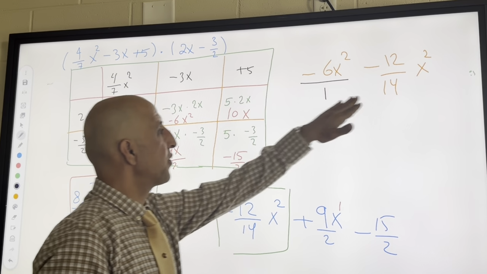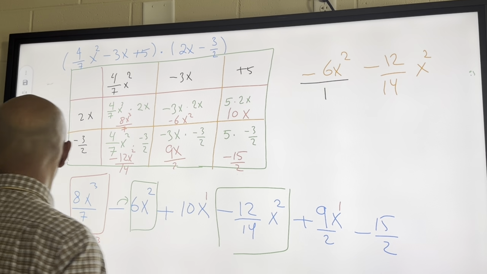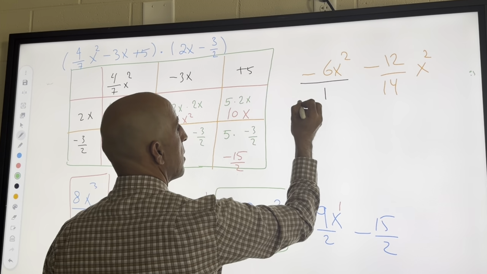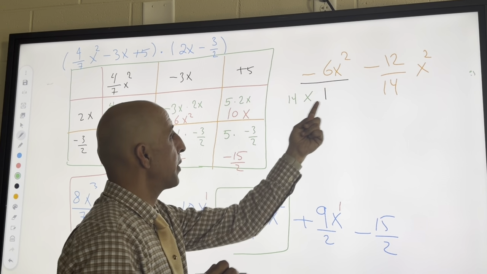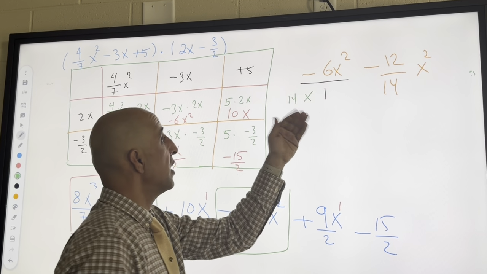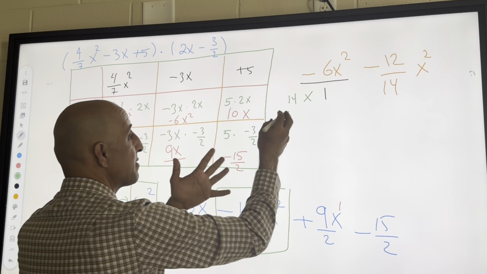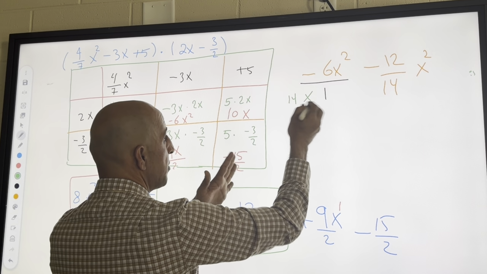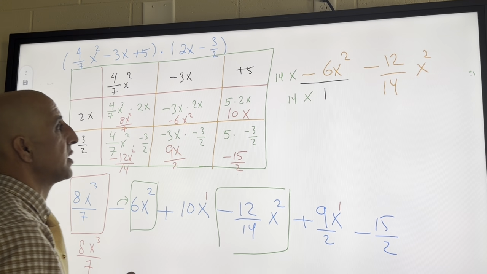Then we need the denominators to be the same, so we multiply by 14. By the identity property of multiplication, 1 multiplied by 14 is 14, so the denominator is the same. As much as you multiply the denominator by 14, you should multiply the numerator by 14.